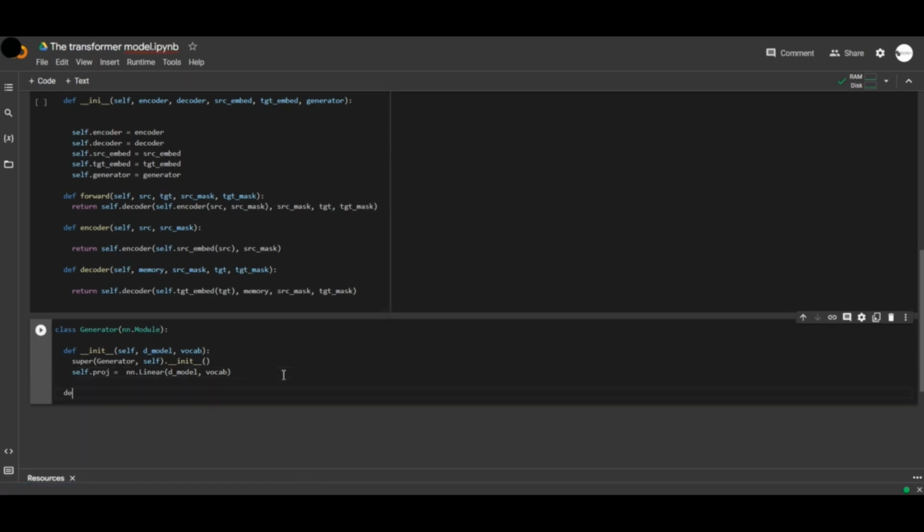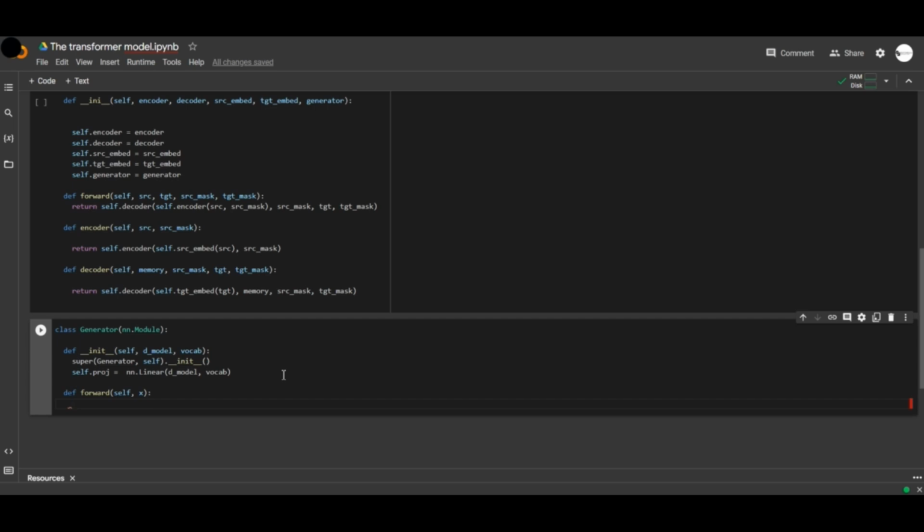Now we create a forward pass, which takes in self and x. What we're trying to do here is take the vector of real numbers and return the probability distribution.